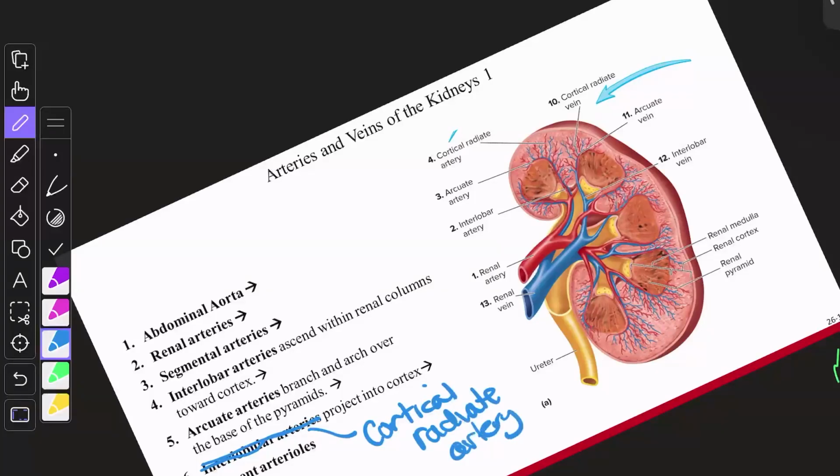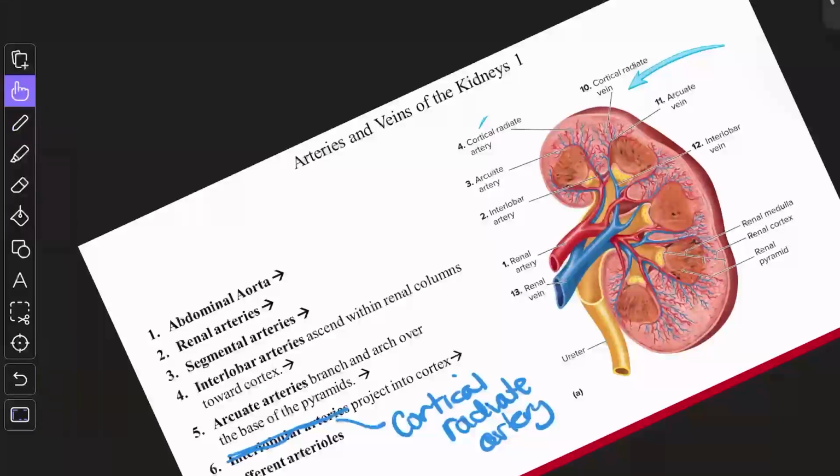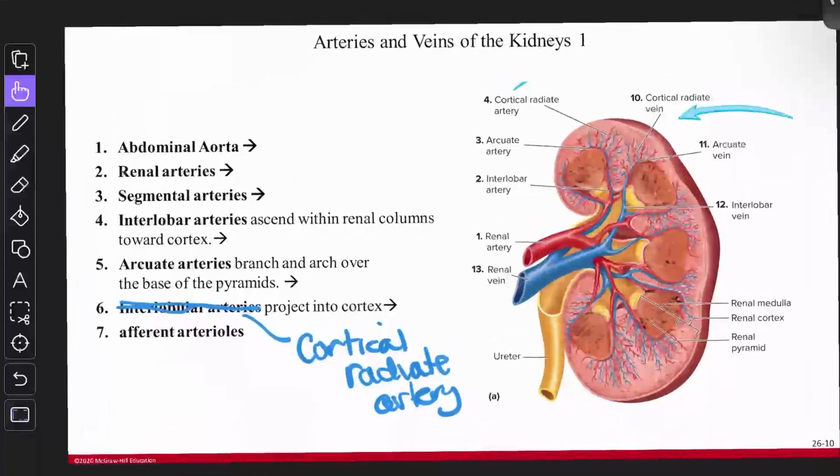It will make things less confusing. Okay, so make that change on your PowerPoint. And then I'm going to zoom us in, and we're going to sort of follow this path through.